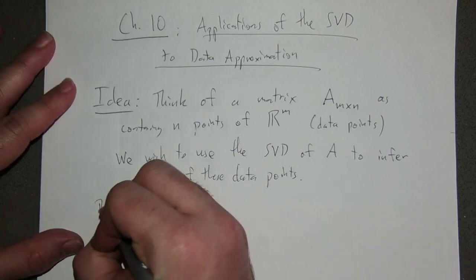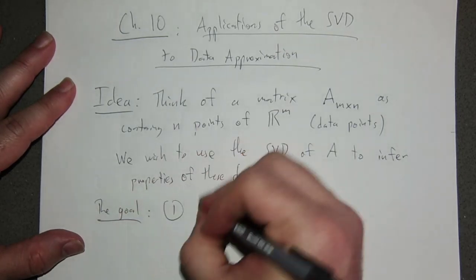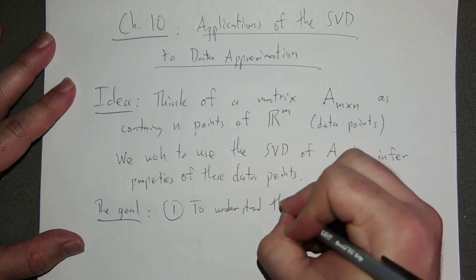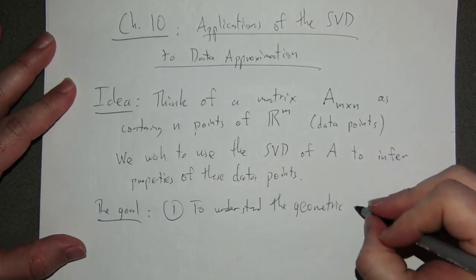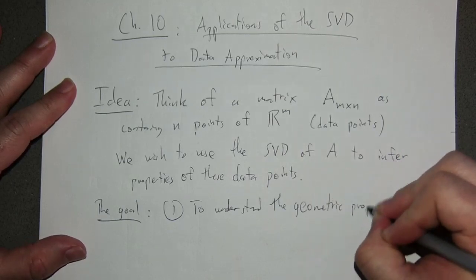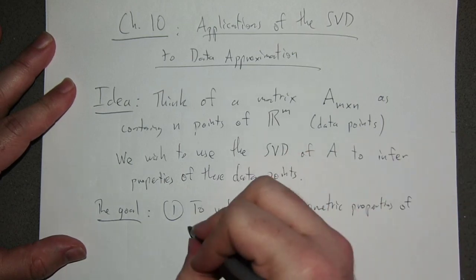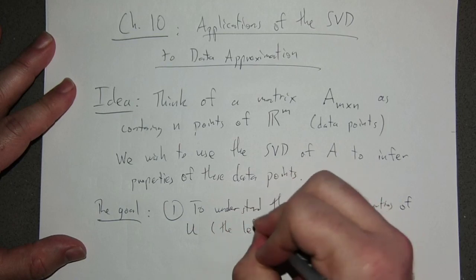So the goal: one, to understand the geometric properties of U, i.e. the left singular vectors.